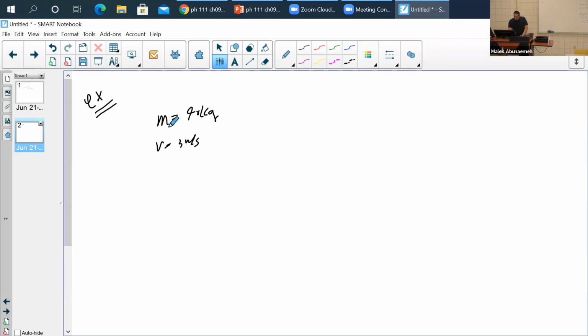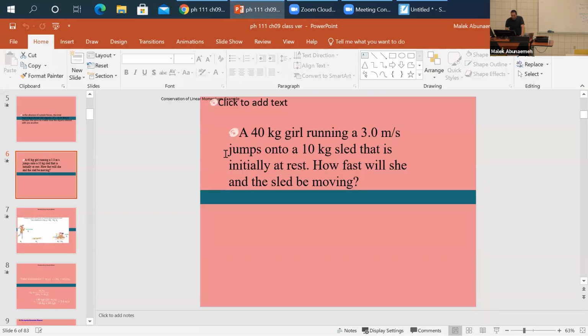So that's the mass of the girl. This is the mass of the sled. Let's call this M1. Let's call this M2, which is going to be 10 kilograms. How fast will she and the sled be moving?